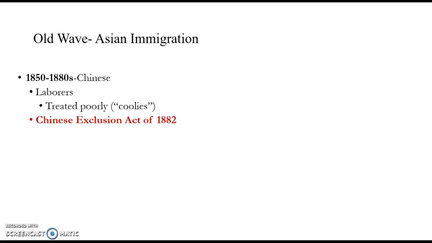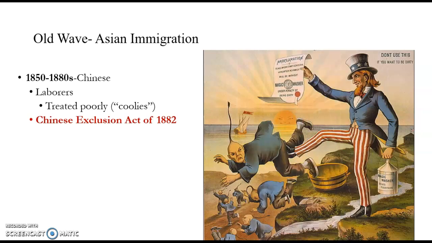By the 1880s, the politicians acted opposed to Chinese immigration by establishing what became known as the Chinese Exclusion Act. This eliminated Chinese and Chinese American residents' ability to buy property, to own property, to open certain businesses. An image from that time shows Uncle Sam kicking out Chinese laundry workers.